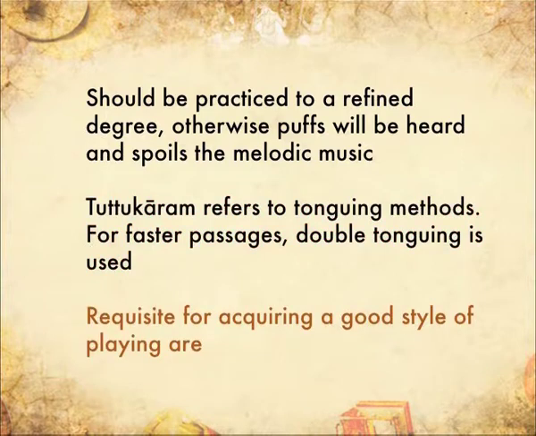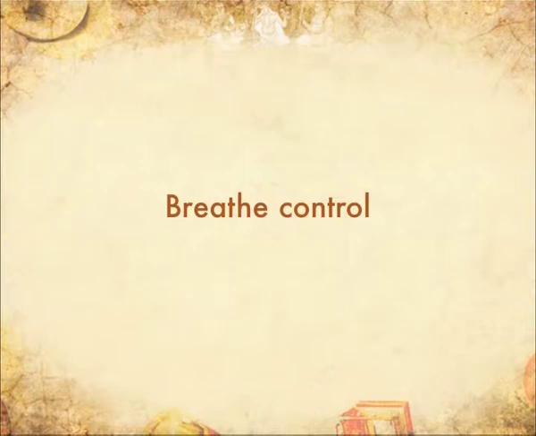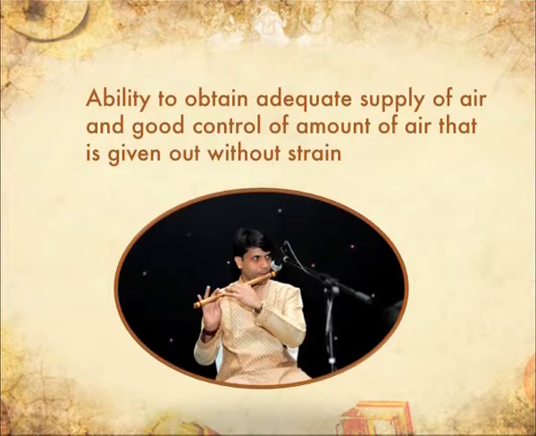The requisites for acquiring a good style of flute playing are breath control. This implies the ability to obtain, without much strain, an adequate supply of air and a good control of the amount of air that is given out while playing.